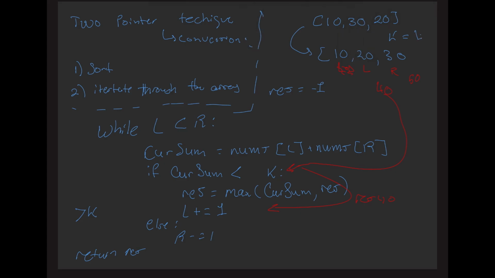So right here, at this point, again, we're going back to this example, we get 50. 50 is greater than, that's our else condition over here. And in this case, we would tell the right pointer to decrement, and at this point, the left and the right pointer would meet, which breaks this loop, and we would return the result.